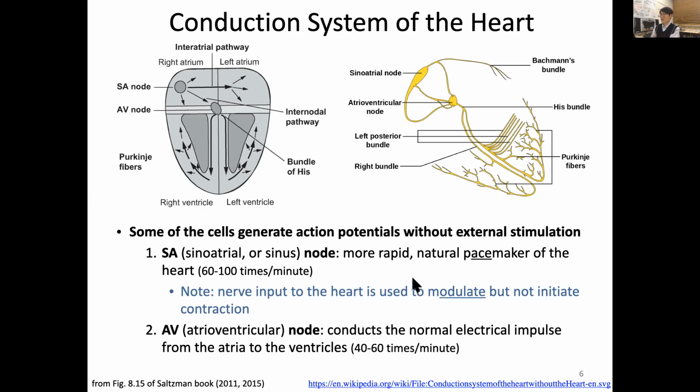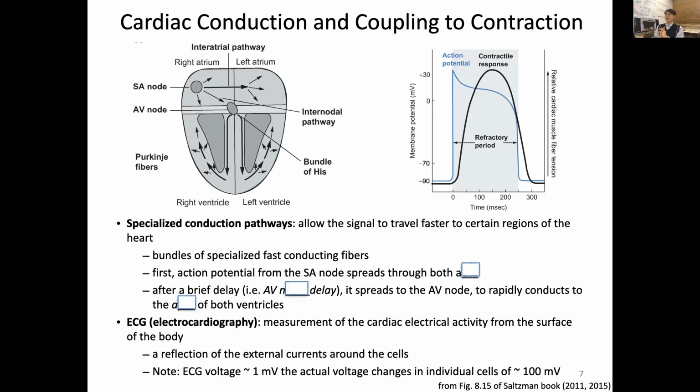Okay, so now let's think about this cardiac conduction system and contraction of the heart. This has been designed very specially, with specialized conduction pathways allowing the signal to travel faster to certain regions than others. And there's a reason why. First, this special system is made of bundles of special fast conducting fibers.